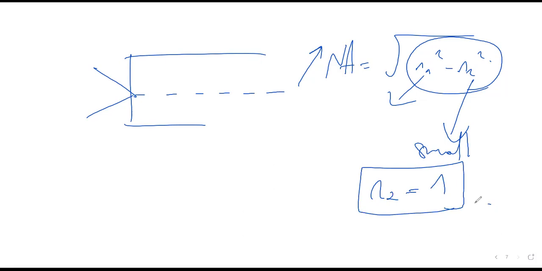So when N2 is least, when it is equal to 1, what does that mean? It means our light accepting efficiency increases. What does that mean when N2 is equal to 1?